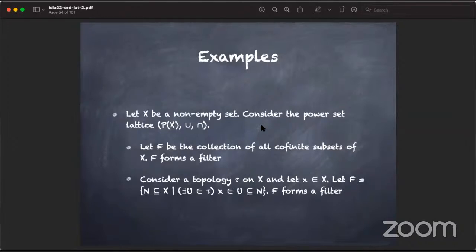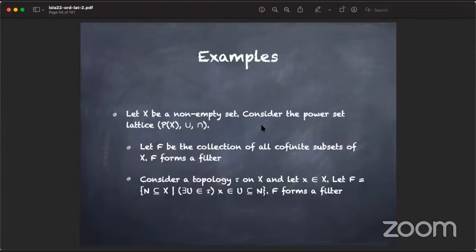Okay, this kind of ends my discussion on ideals and filters. What I would like to say is, as I said, these filters will occur a lot more in the subsequent lectures. There is one concept that will occur there. I'm not going into the details, and I would just like to mention it: the concept of ultrafilter.